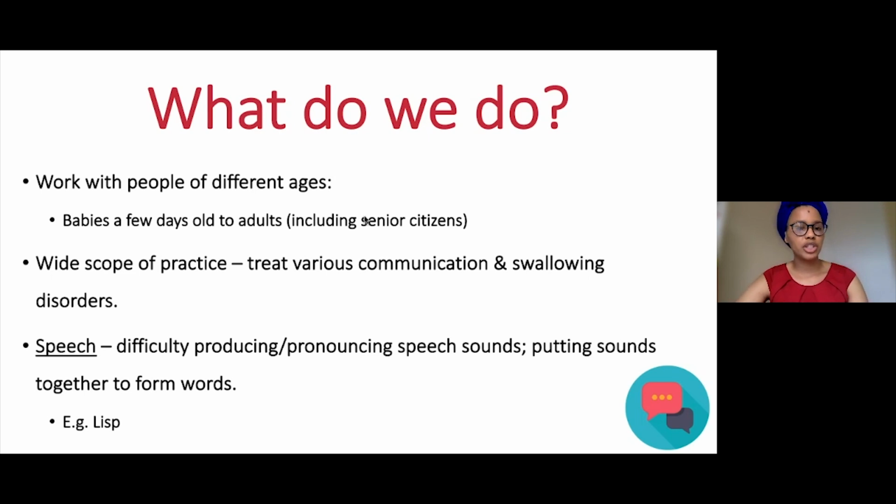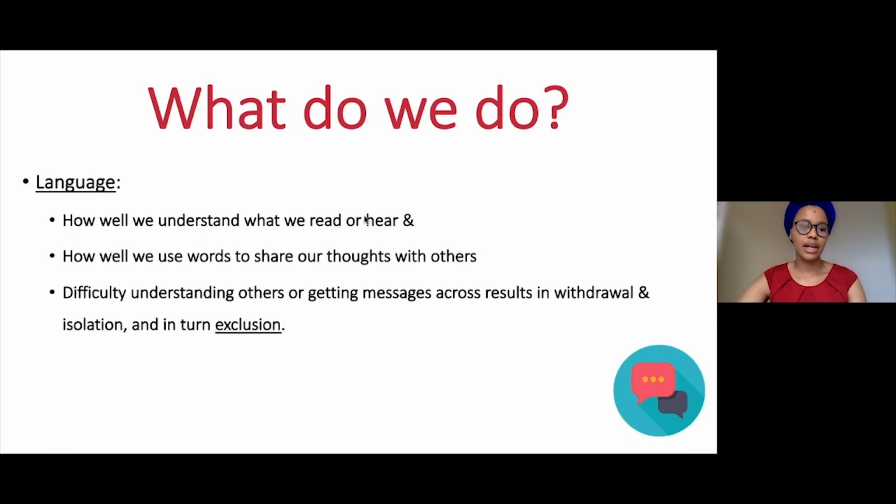Someone with a speech difficulty or a speech disorder will have difficulty producing or pronouncing certain speech sounds or putting sounds together to form words. So an example of someone with a speech disorder is someone who has a lisp. The next area is language. Language refers to how well we understand what we read, as well as how well we understand what we hear.